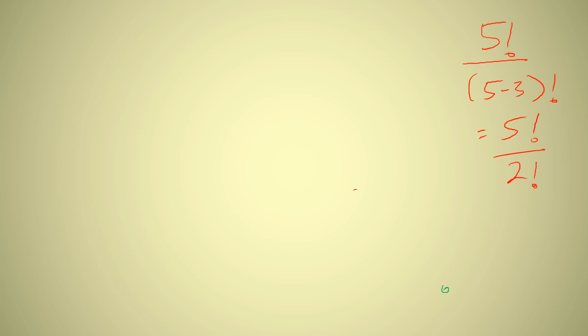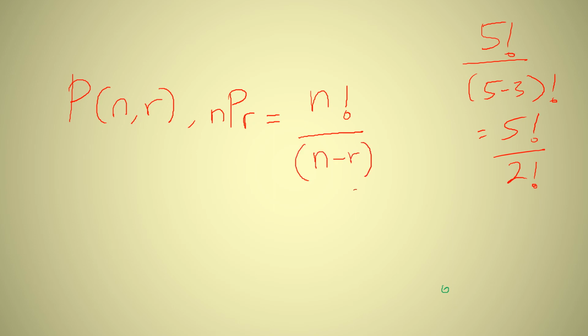If you're trying to figure out the number of permutations where you can put n people in r seats, and there's a notation for that as well, this is just going to be n factorial over n minus r factorial.